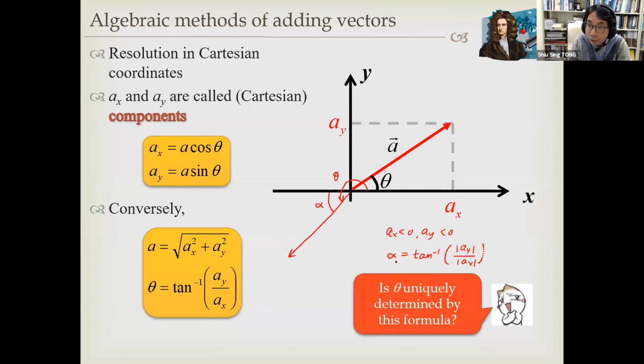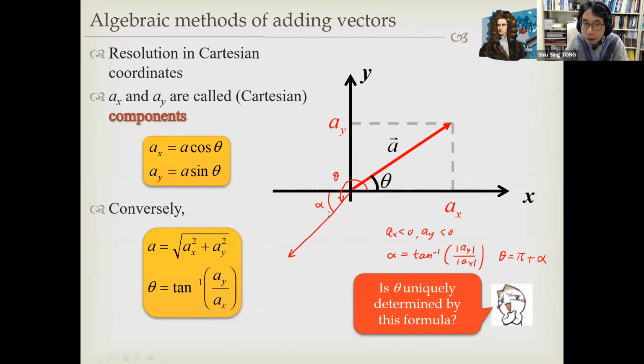You get the angle alpha, right? And in order to get the angle theta, you just add 180 degrees, or in terms of radians, that is pi. You just add pi to alpha. So that is a way to do it.